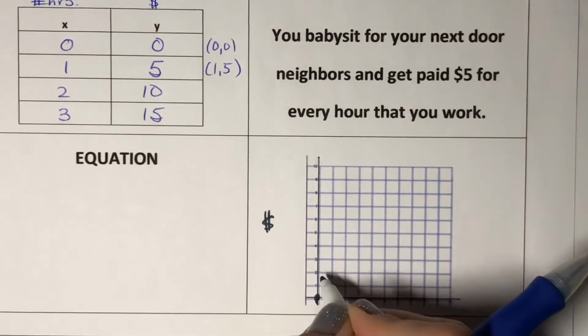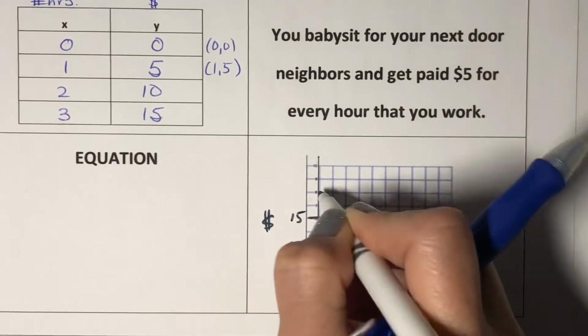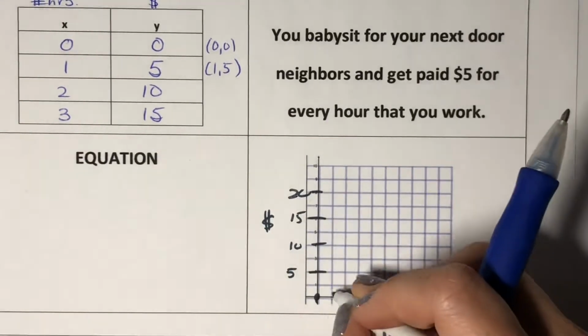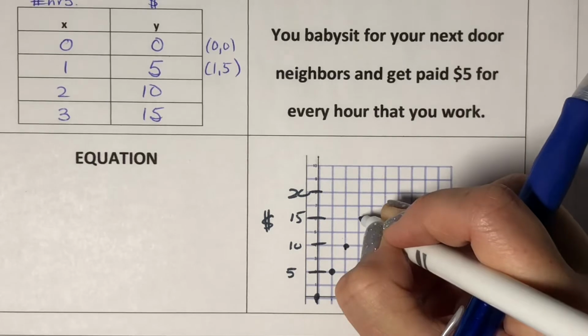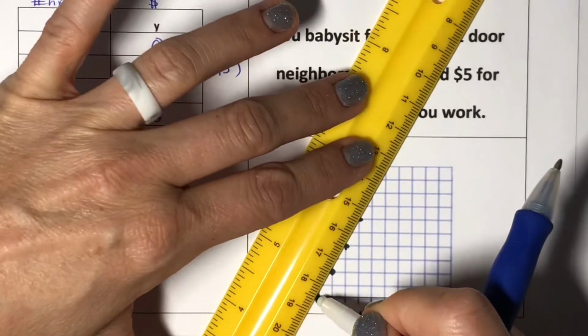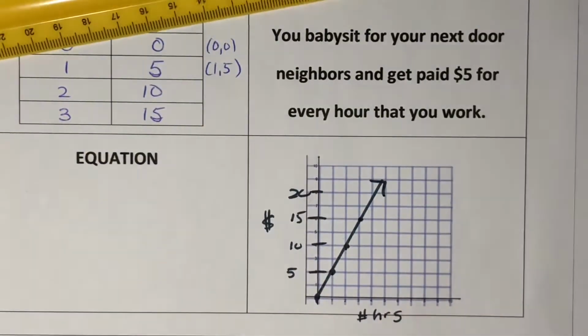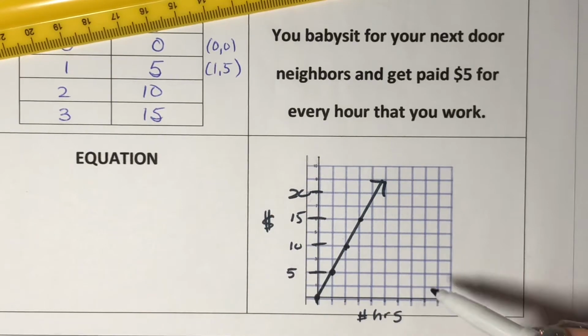We can actually go by 5 if we want: 5, 10, 15, 20. So if I work 1 hour, I earn 5. 2 would give me 10, 3 would give me 15, and so on. We could connect these points, draw that line, and then if we needed to, we could use that line to help predict how much I'd earn if I work 20 hours.